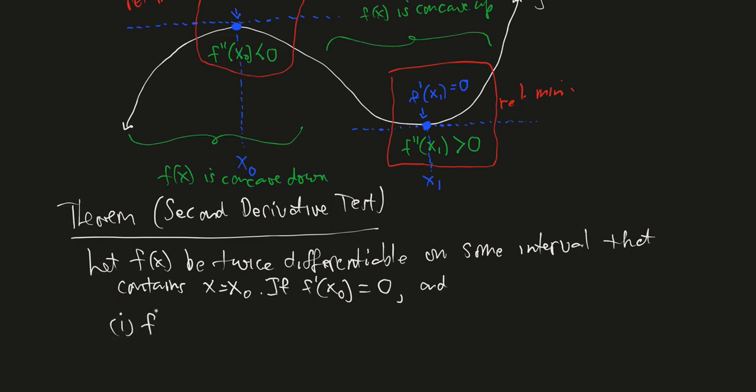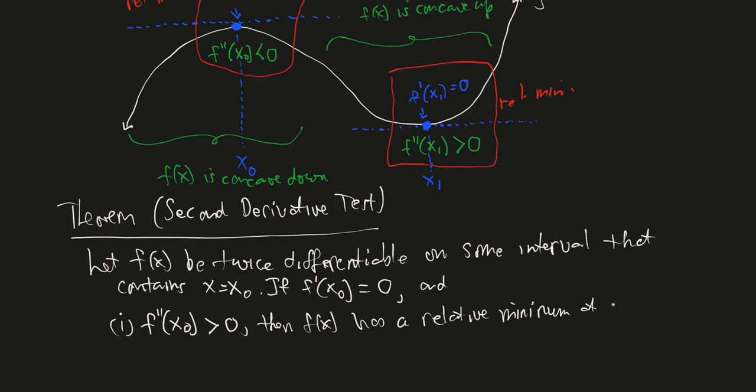If the second derivative evaluated at that point gives me a positive value, then my original function has a relative minimum at x equals x0.